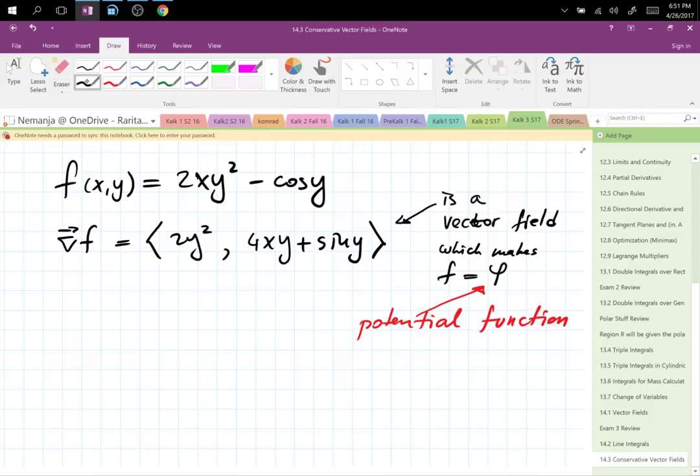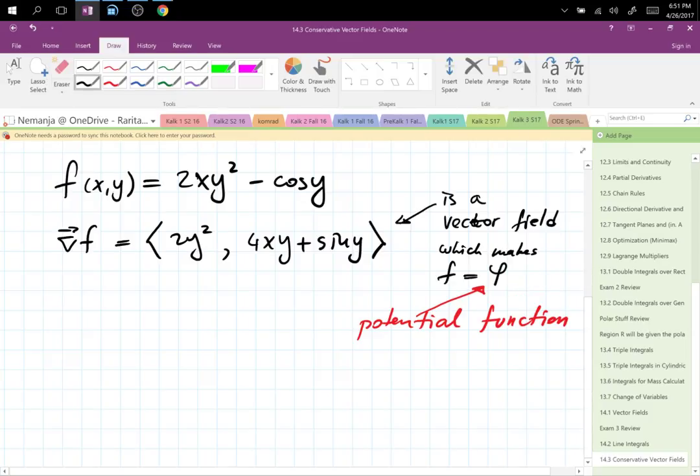The definition says that the conservative vector field is the one that has a function which generates it. You know that you can't integrate everything, right? You can differentiate everything, but you can't integrate everything. So if you have a field, you are not guaranteed that you will have a scalar function that generates that field.